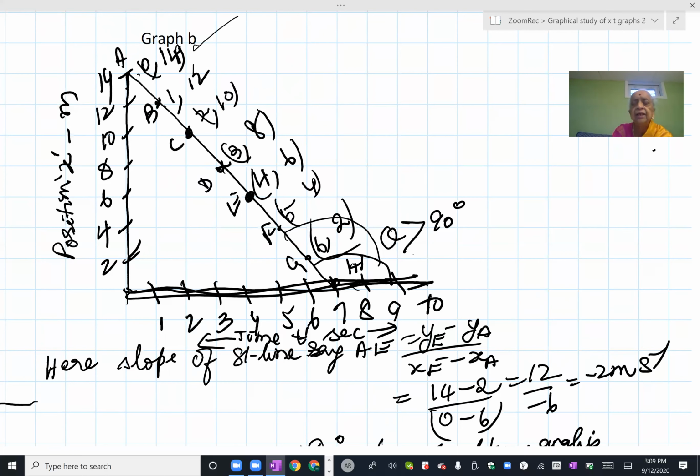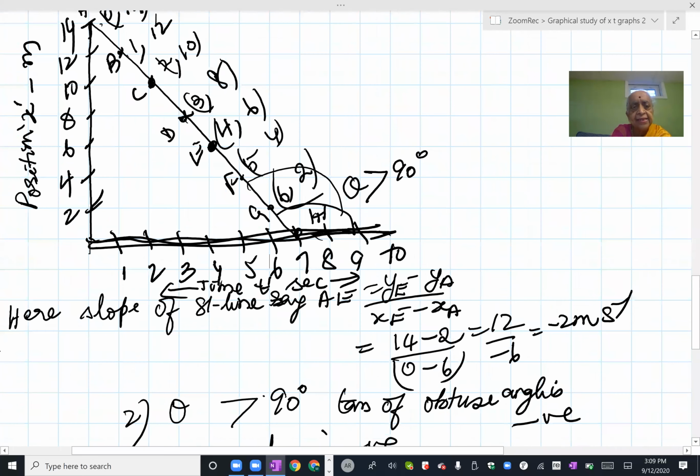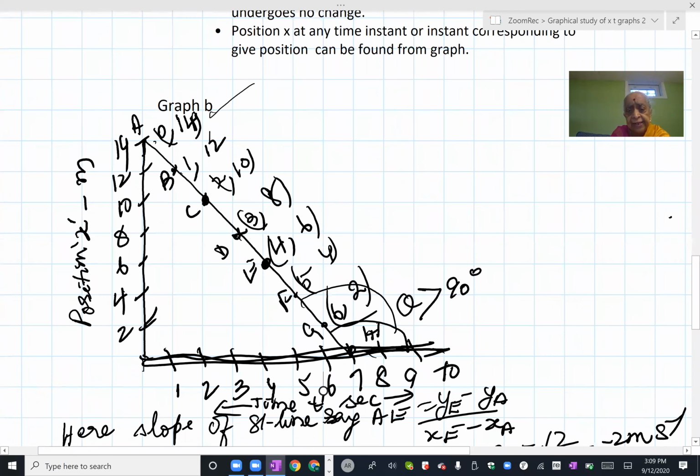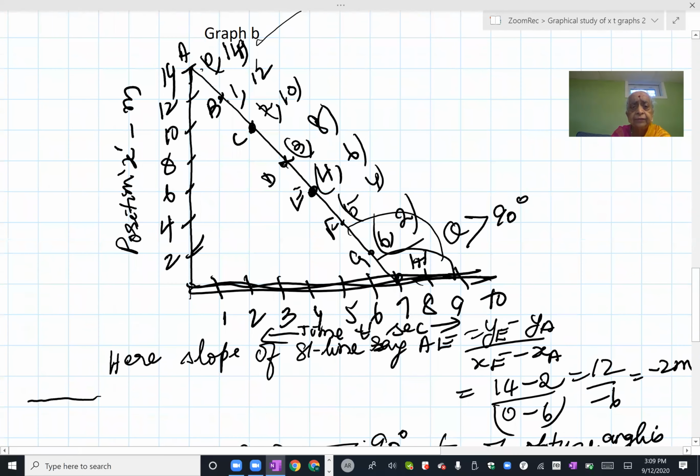In other words, it also means that the body is approaching the origin of position from some other point. Here if you find the slope, say AE, A is here and E is here. AE, if you want to find out, it will be YE minus YA by XE minus XA.